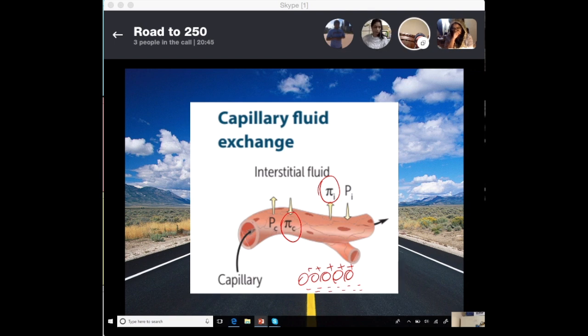So when we're talking about oncotic pressure, it's the pull. Hydrostatic is the pushing of fluid out, away, whereas with oncotic pressure, the proteins pull fluid towards each other. You can visualize this by looking at this: the arrows are pushing away from the P's, whereas with the pi's, fluid is being pulled towards the pi's.